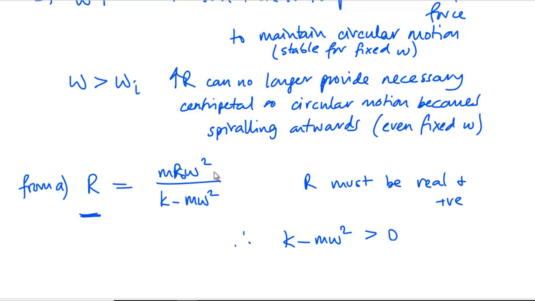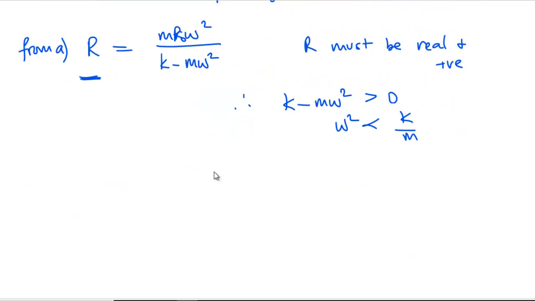So we're going to have that omega squared needs to be less than k over m. So our omega I is going to be equal to the square root of k over m.